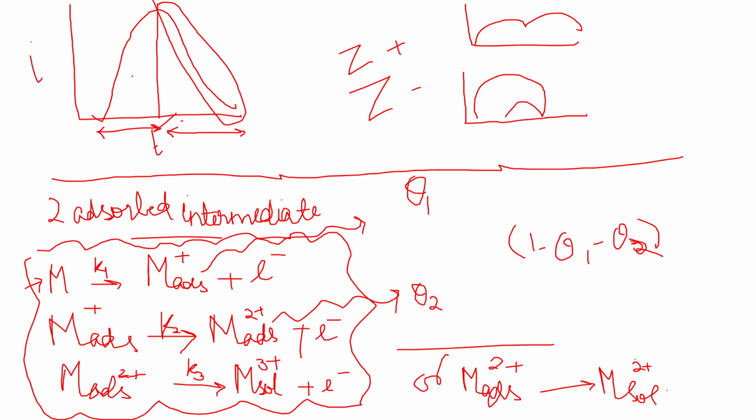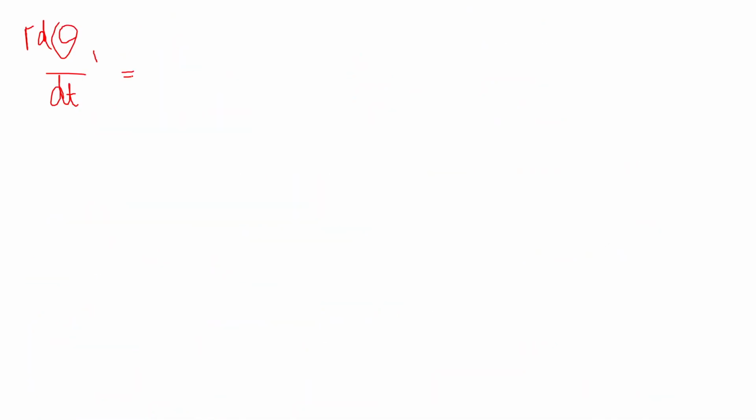In the first step, MH plus is forming, and in the second step MH plus is getting consumed. You can see in the third step there is nothing with MH plus. Only the first two steps are involved. So you can see what is the rate of the first step.